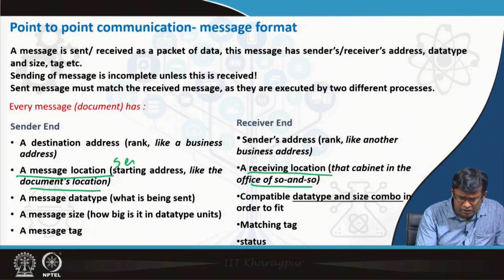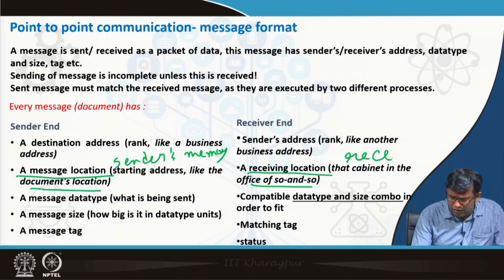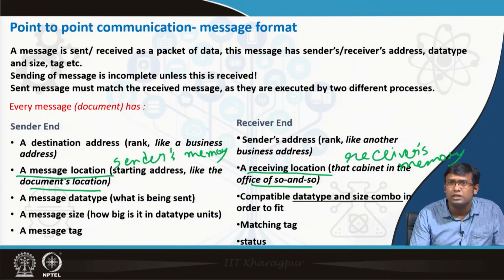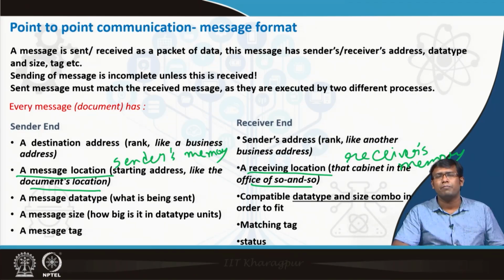So, we can write: this is the sender's memory, and this will be in the receiver's memory. So, a space in the receiver's memory in which this data will be accepted.